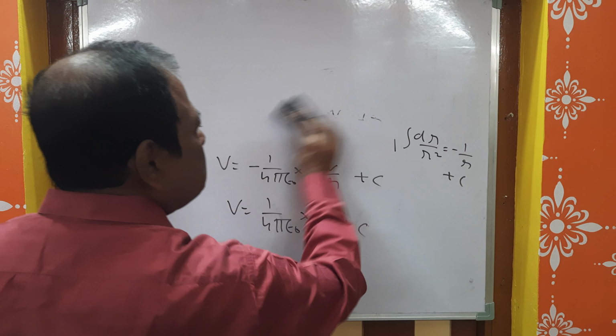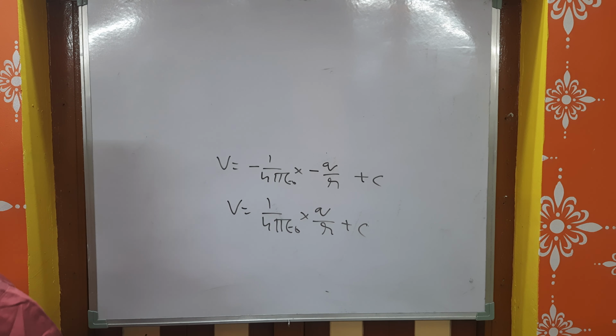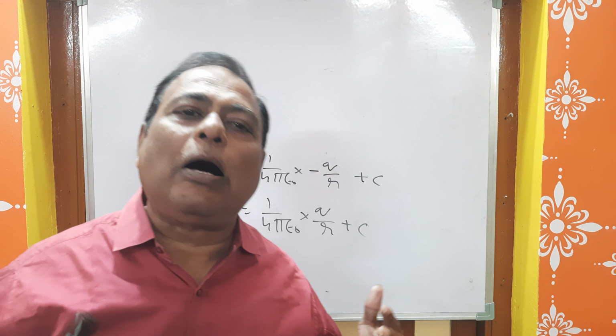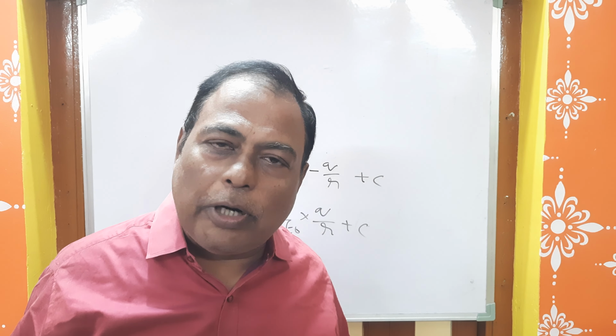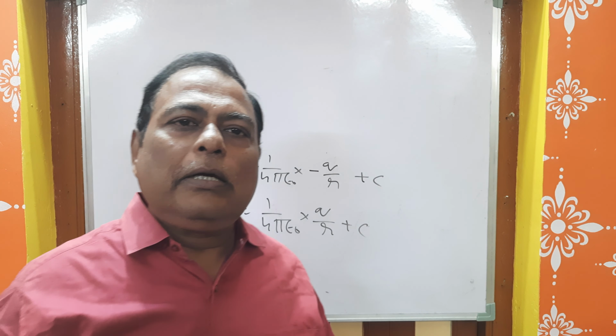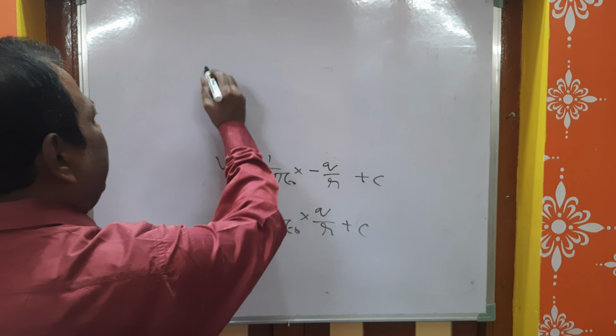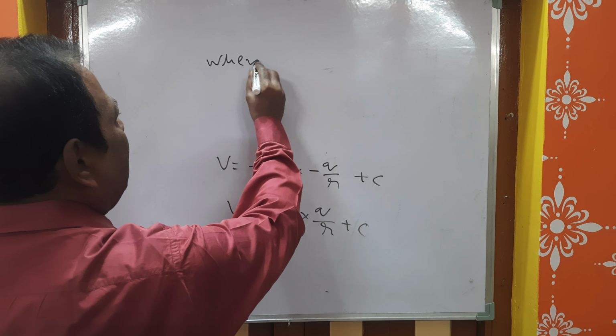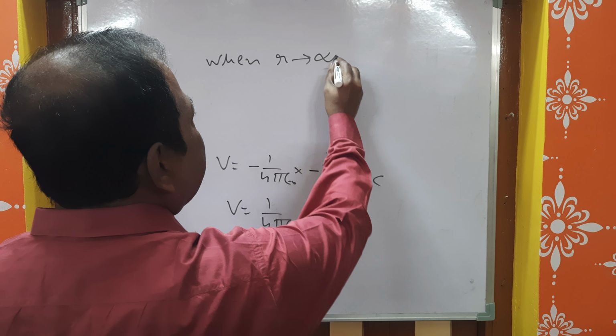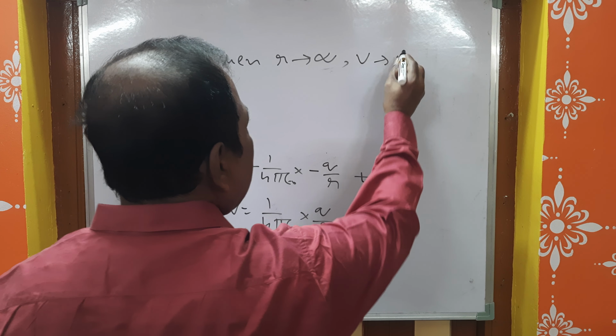Now to find out the value of C, we will consider some boundary condition. What boundary condition? All you know that when R is infinity, potential becomes what? 0. So when R tends to infinity, potential tends to 0.